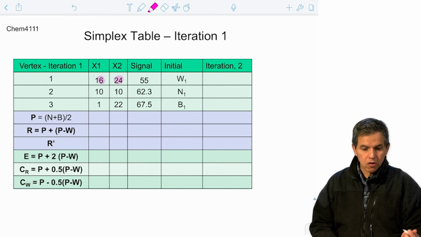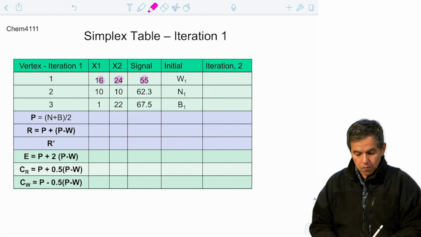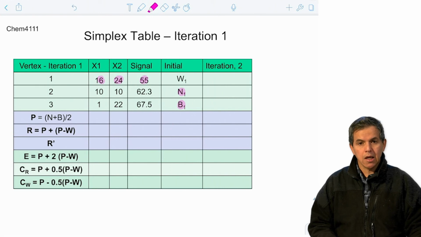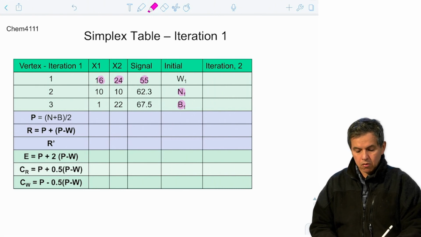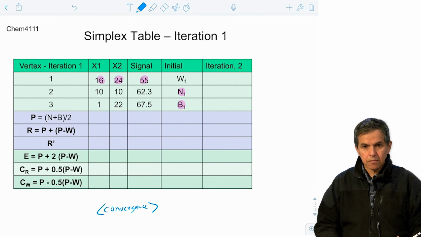And if we measure the signal, for instance, 55, at that particular value, we can keep the previous value of N1 and the previous value of P1. So we can repeat the process again and again until we finally reach convergence, depending on the criterion that we define.